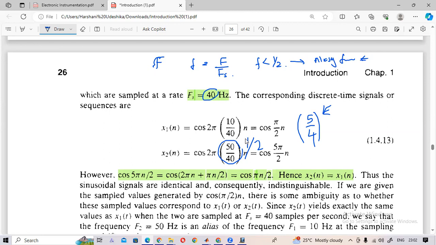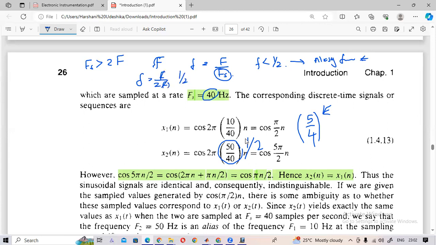So if you need to get rid of this aliasing effect, you can select the sampling frequency greater than 2 times the signal frequency. So your normalized frequency will be f divided by 2f, it will be half.